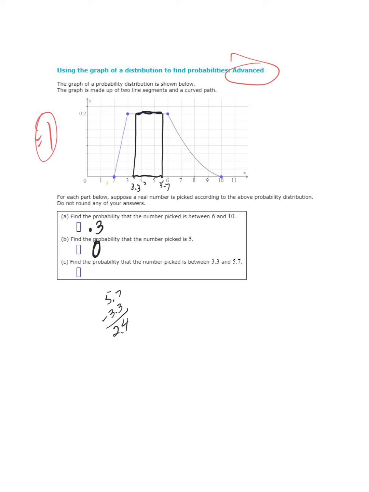So this width is 2.4. The height is still 0.2. So I got 2.4 times 0.2. That's going to give me 0.48 for the area of that little rectangle right there. So that means the probability it falls between those numbers is 0.48.